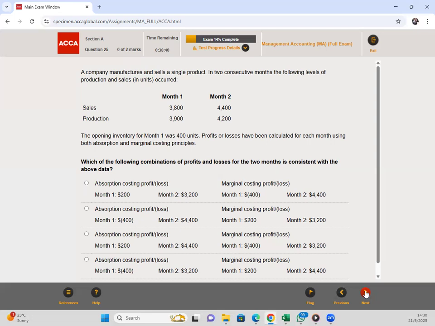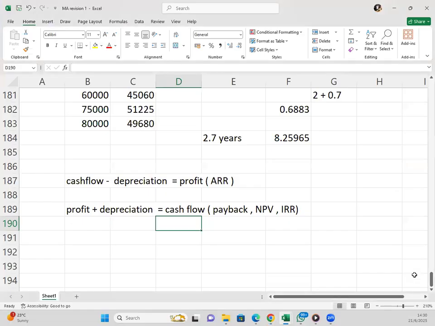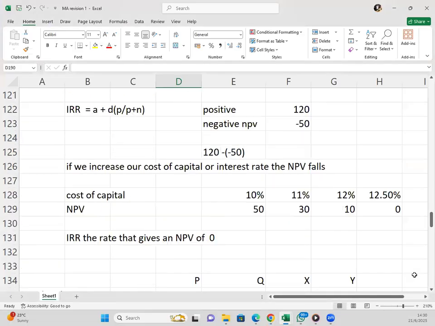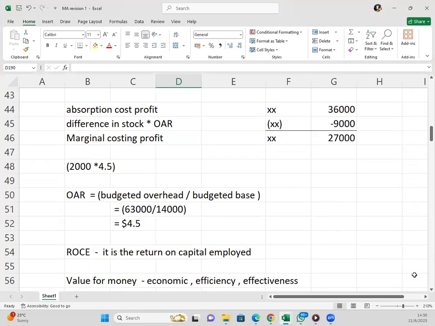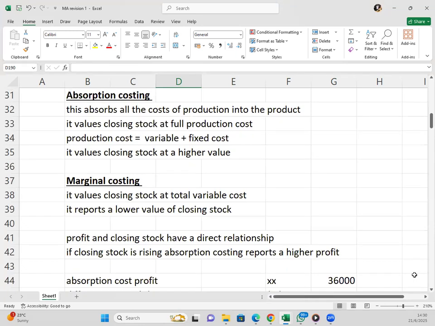Okay, what principle are we using here? Remember, I gave you that principle last lesson. Let's check if we are using the same slide. Here, if closing stock is rising, absorption costing reports a higher profit.